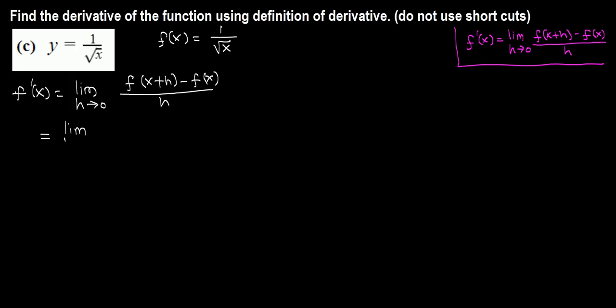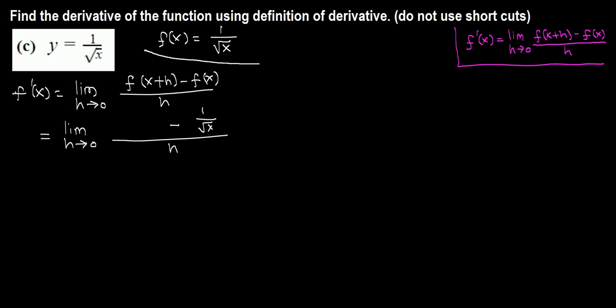On the top, we have f(x plus h) minus f(x). The given function f(x) is 1 over square root of x, so that's 1 over square root of x minus the first term, f(x plus h).